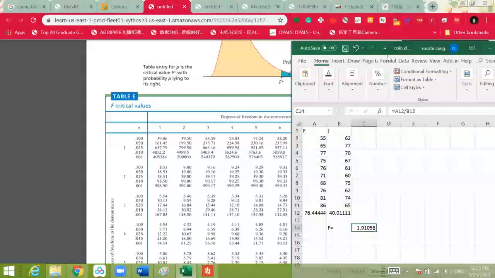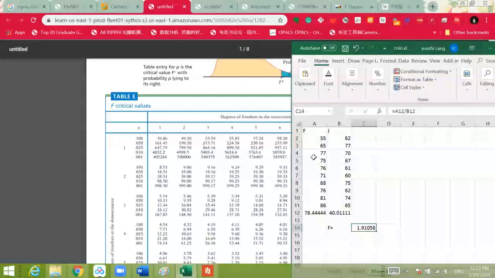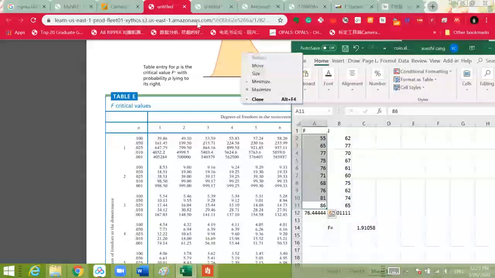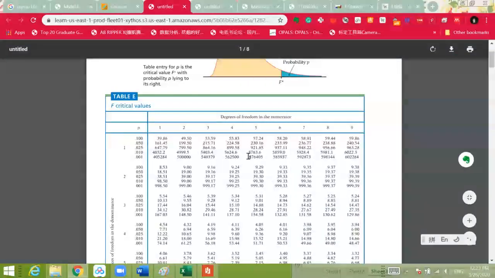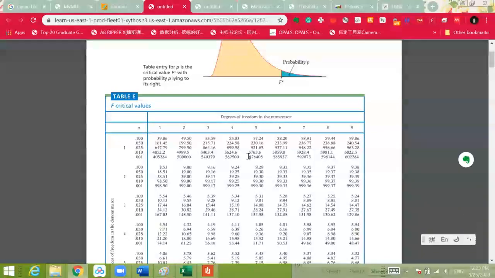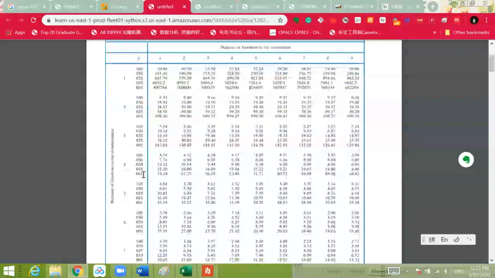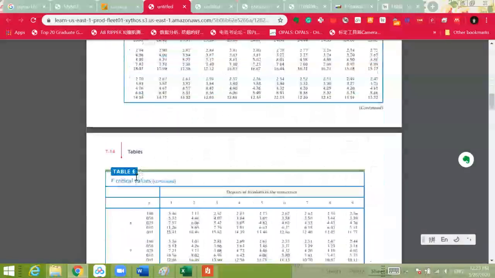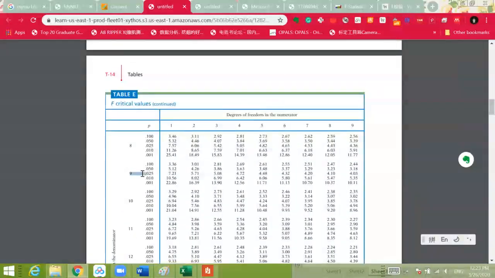In our question, we have 10 samples in each group. The degree of freedom equals the sample size of the group minus 1. So for each group, our degrees of freedom are both 9. So we can find the first degree of freedom is 9 here, right?